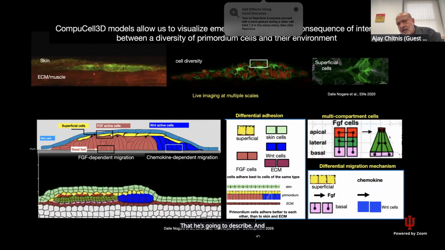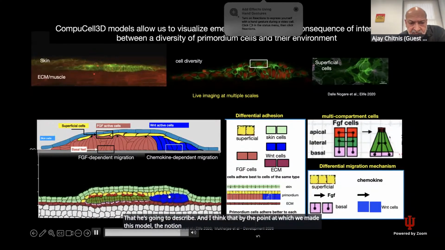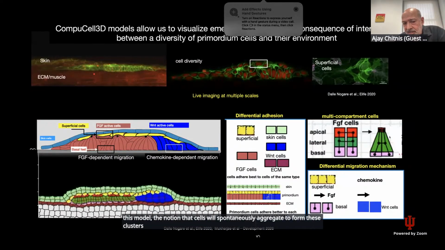And I think that by the point at which we made this model, the notion that cells will spontaneously aggregate to form these clusters was not really the big surprise.